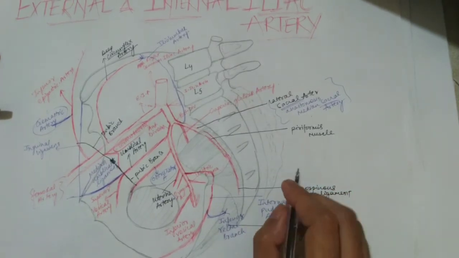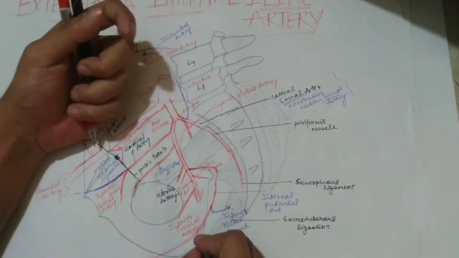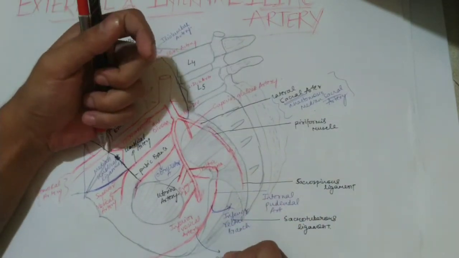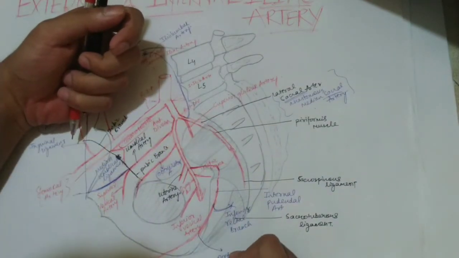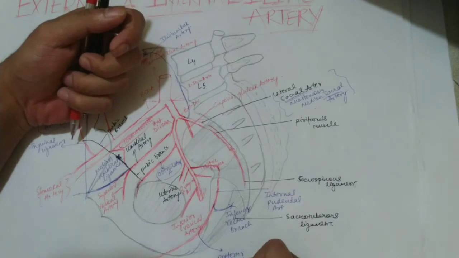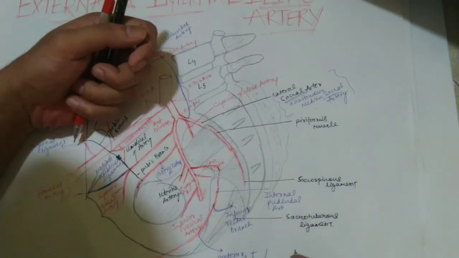The next branch is the posterior labial branch in females, and in males there is a posterior scrotal branch.